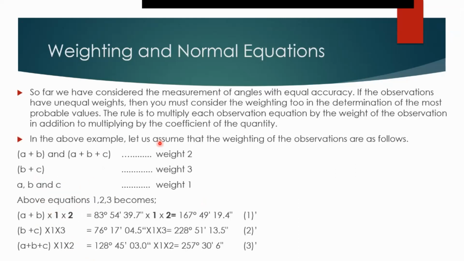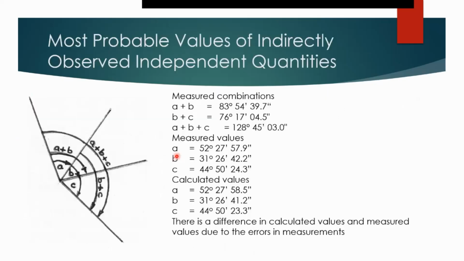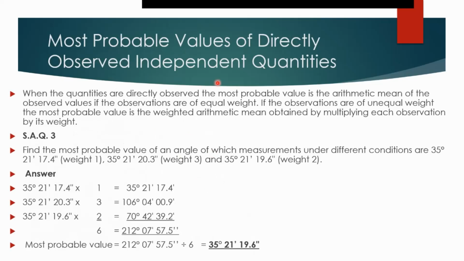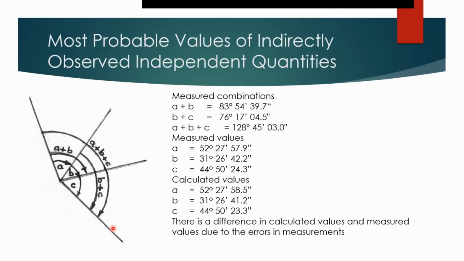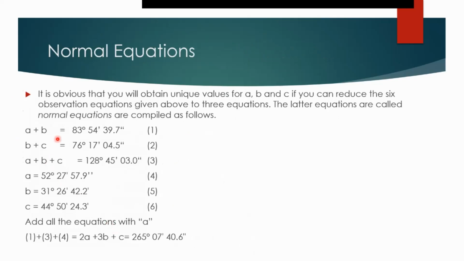Now let's say the weights are attached to each measurement, as in the case of these independent quantities. Now here you saw that weights were attached, right? Now in the case of weights, you not only have to multiply it with the constant for the variable, but you will also have to multiply the equation with the weight, right?